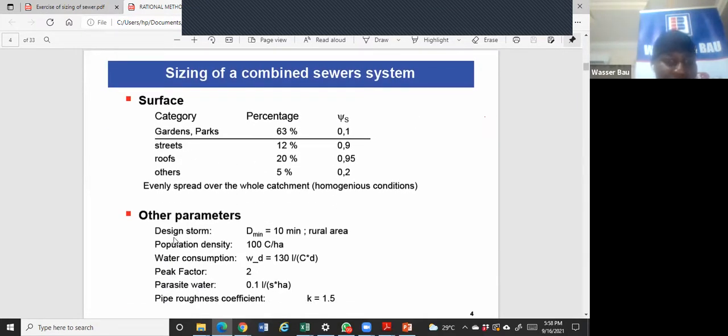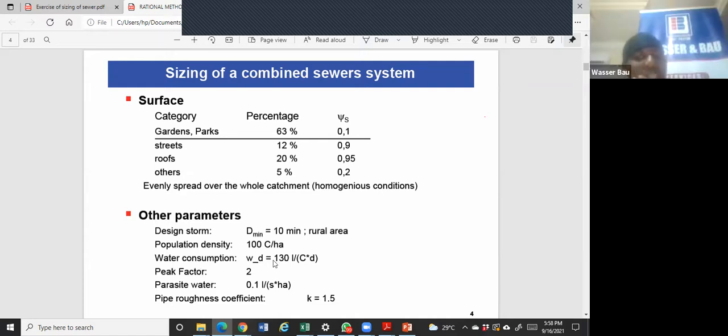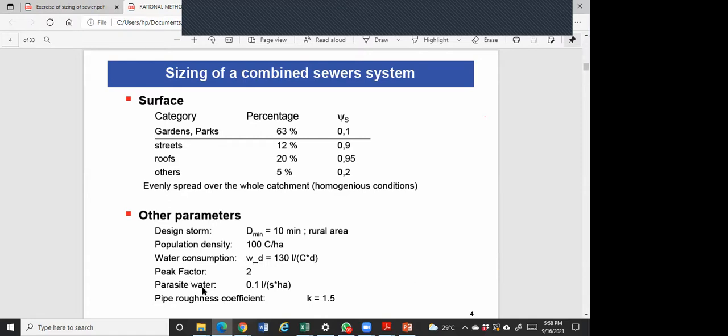Then other parameters. The design storm here is 10 minutes. The population density is 100 capita per hectare, and that's for low density, of course. The water consumption is 130 liters per capita per day. The peak factor is 2.